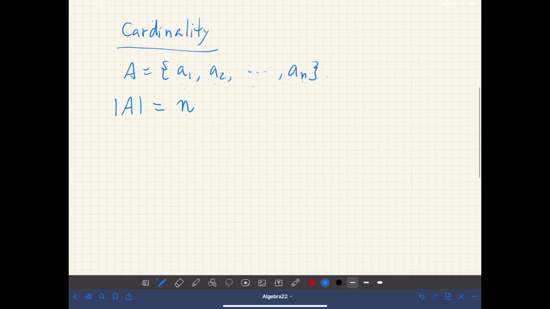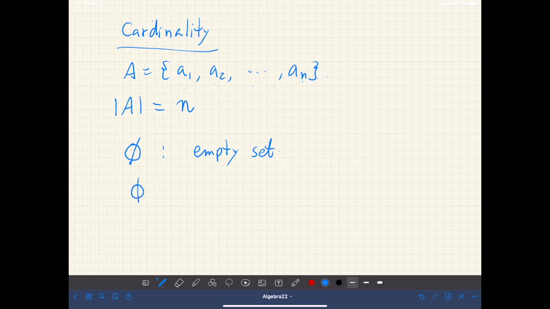And one special set is this. It's an empty set. Actually, the empty set is unique. So we say not an empty set, but the empty set. This is the set that contains nothing.